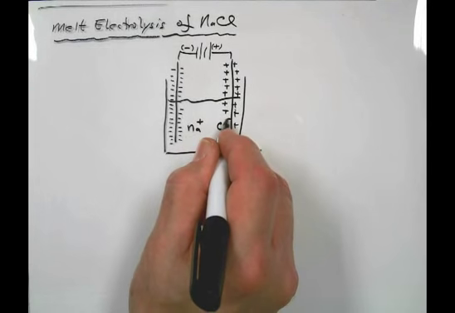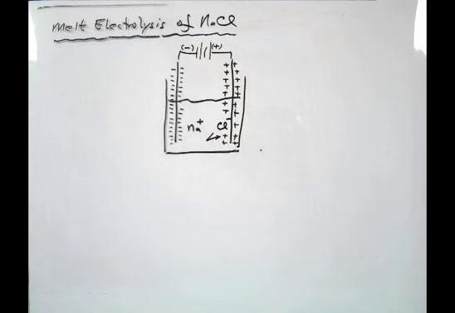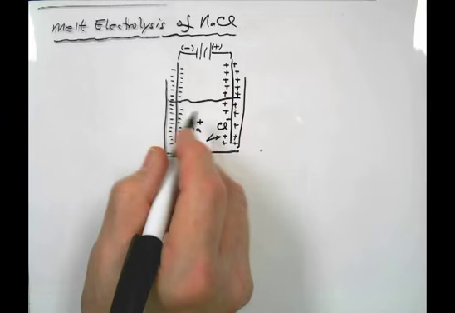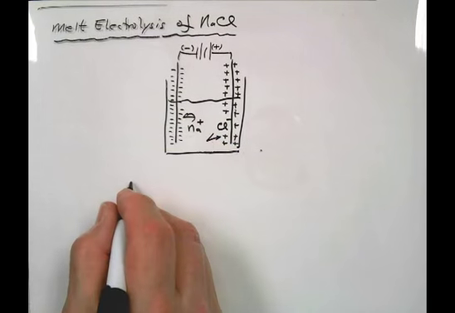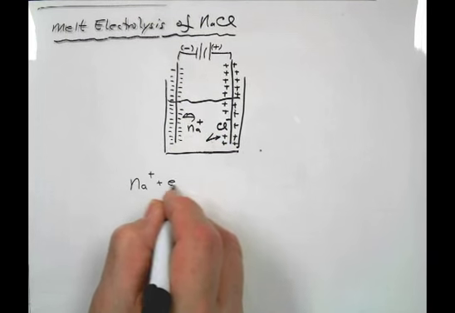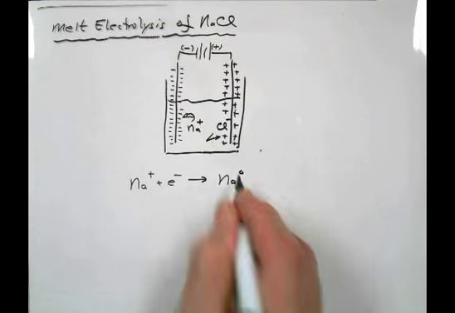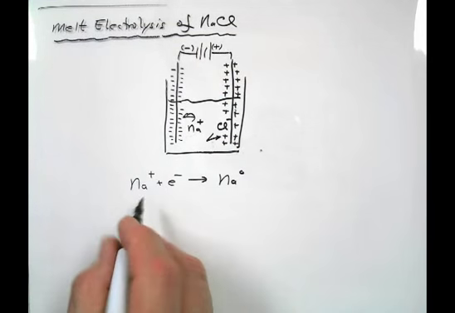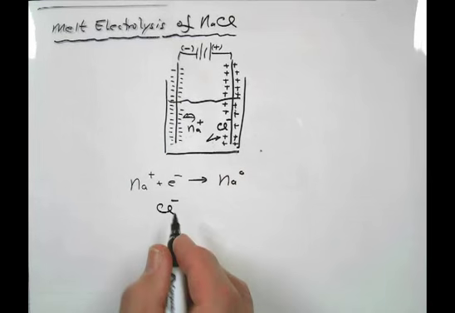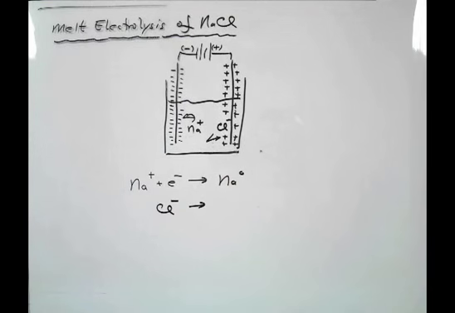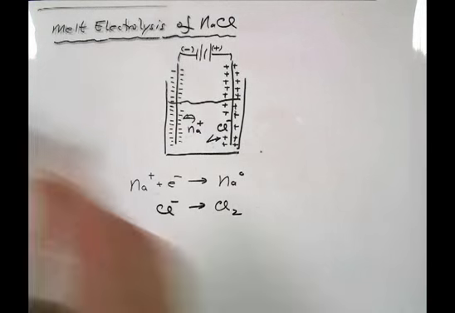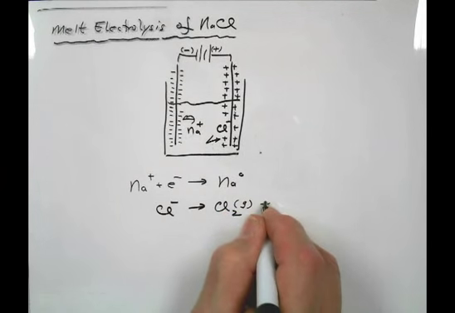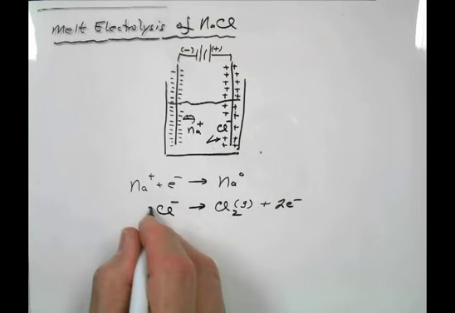Anyway, chloride will migrate into the positive electrode, and sodium will migrate into the negative electrode. And of course, the sodium will gain an electron and go to sodium metal at that electrode, and chloride right here goes to its basic standard state. Now, all of these reductions and oxidations produce basic standard states. Cl2 would be the basic standard state of chlorine, and it undergoes oxidation, and we have to have two of those.